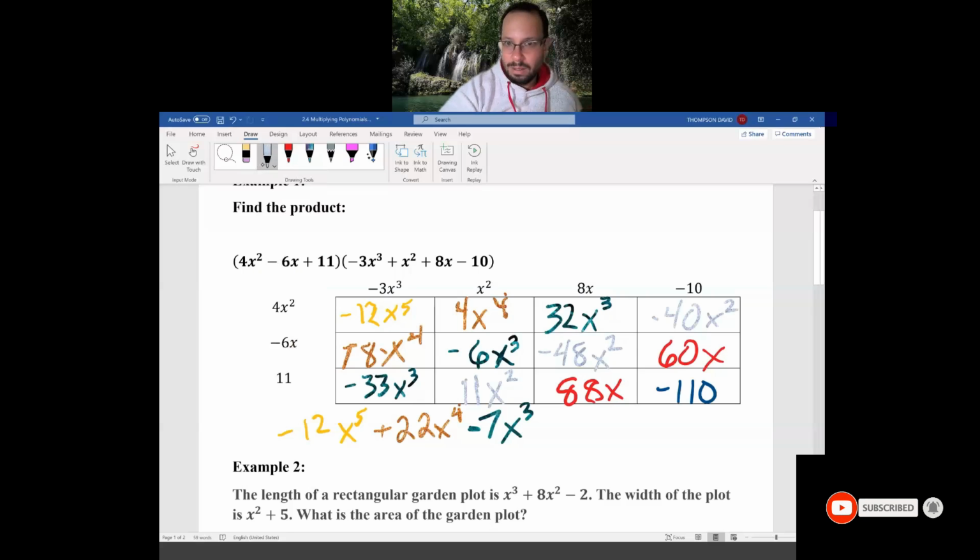Then we have 60x plus 88x, which should be 148x. And then we have the minus 110 by itself. And we are done. We combined all the terms, and we found our product.